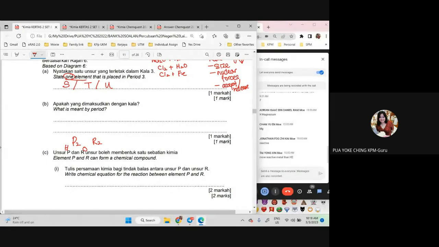So write the chemical equation for the reaction between element P and R. P is non-metal. R is also non-metal. So kalau you tak boleh, then we need to write their electron arrangement. P is 1, R is 2.6. Bukan logam, so we will get covalent compound.